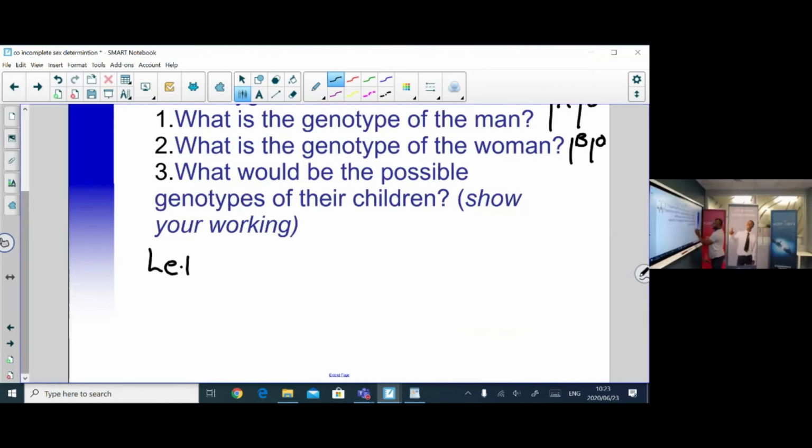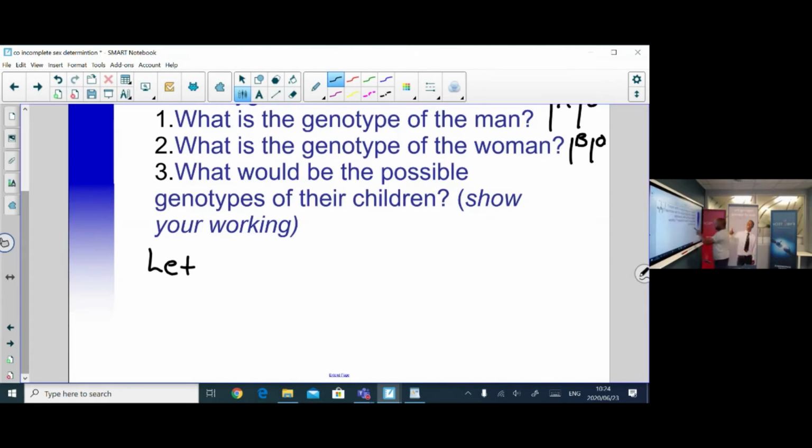We have already been told about the blood group, so we don't need to denote anything.